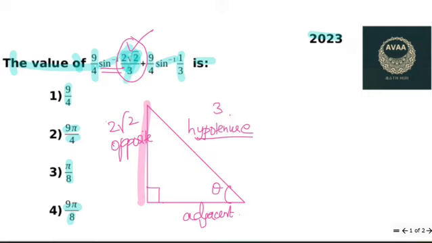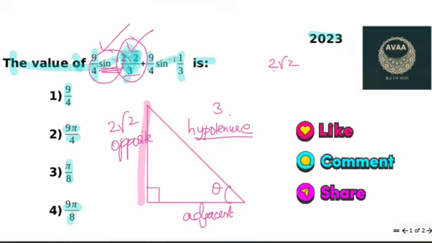In one of our earlier videos, we discussed that in order to cancel the inverse, we need the same trigonometric function with respect to the inverse function. So sine inverse means the same trigonometric function is sine theta, which can be expressed as opposite over hypotenuse.